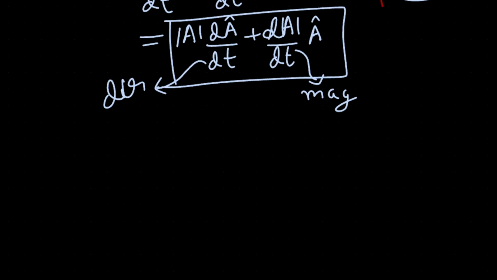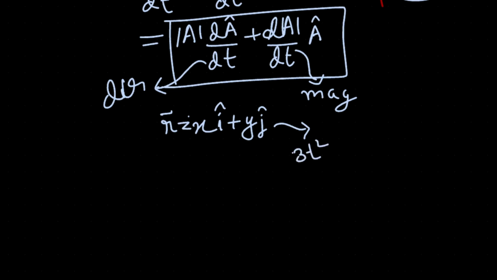In the Cartesian system, when we had our position vector, we used to write x i cap plus y j cap, and this was our position vector. But then if we have, say, something like 3t square i cap plus 6t alpha j cap with respect to time, when we did the derivative, we didn't take into account this i cap and j cap.